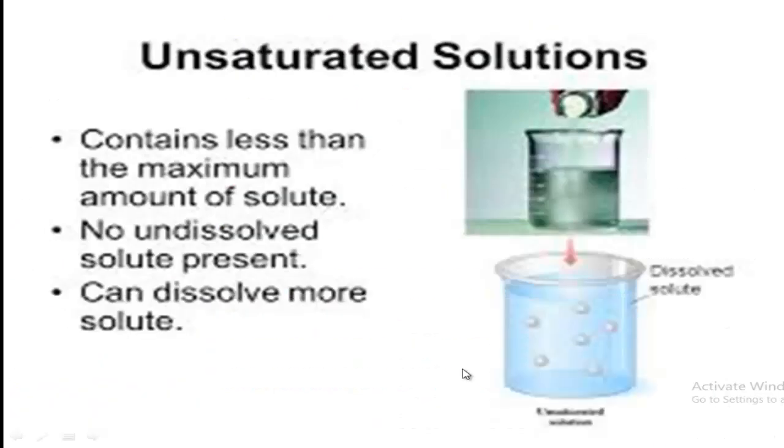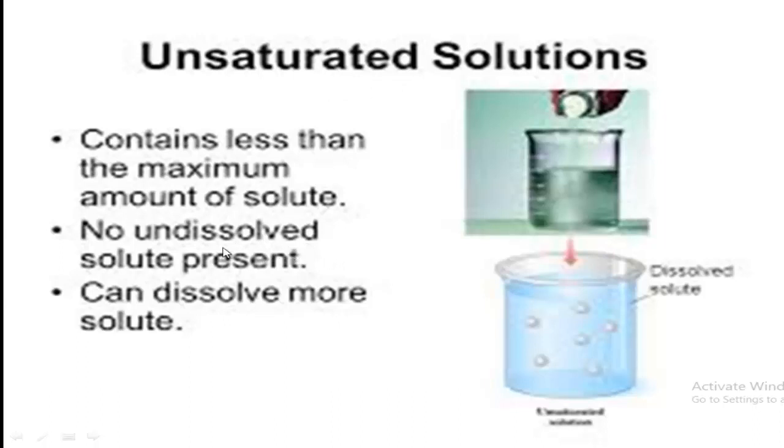Follow the next picture. So we can say an unsaturated solution contains less than the maximum amount of solute, and also no undissolved solute is present, because the unsaturated condition is the condition in which it can dissolve more solute.